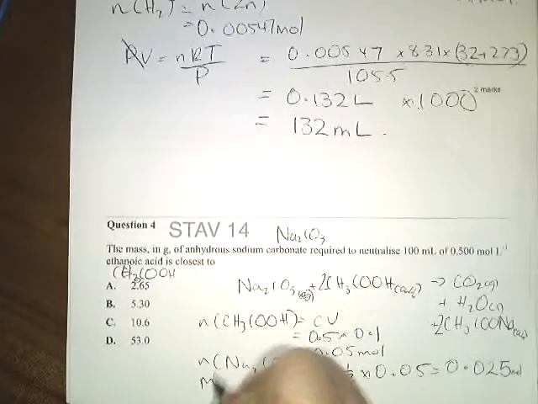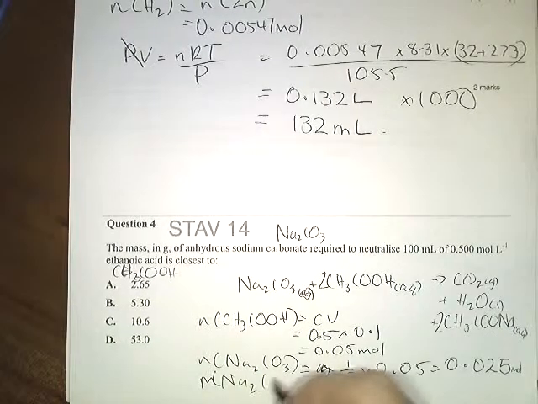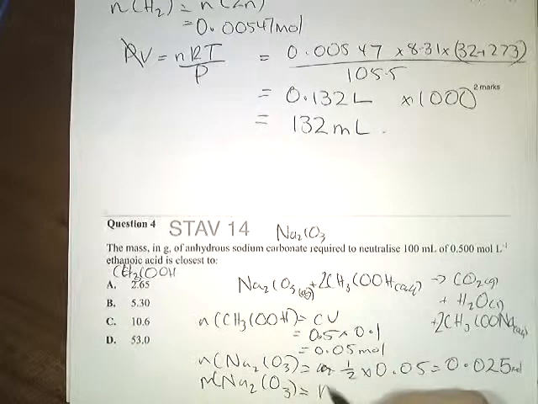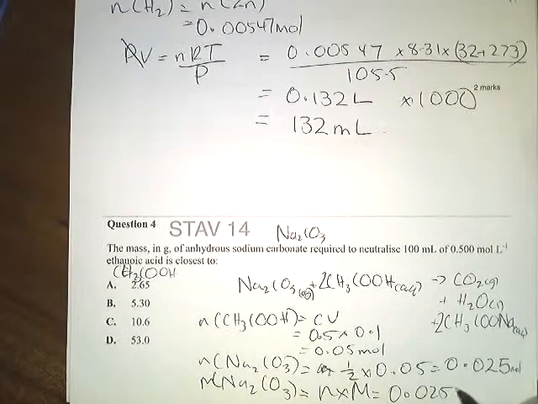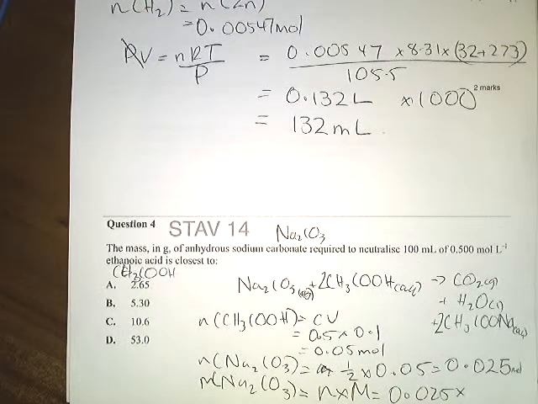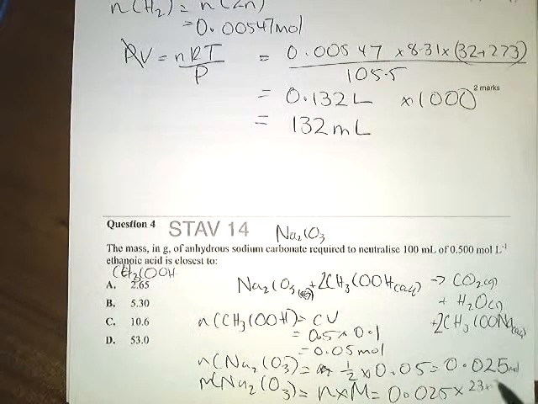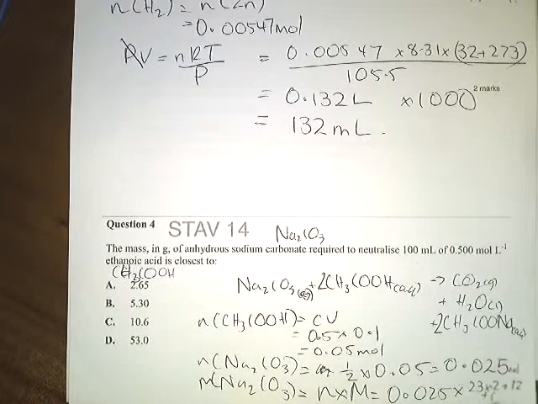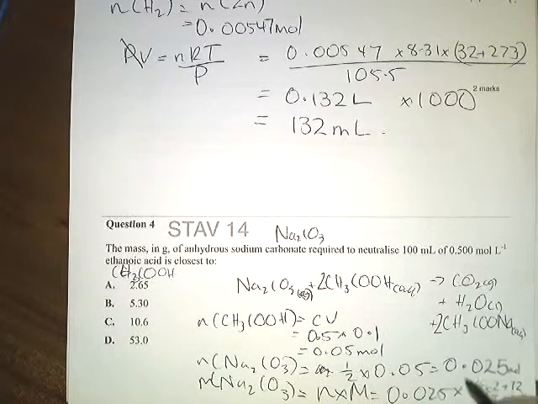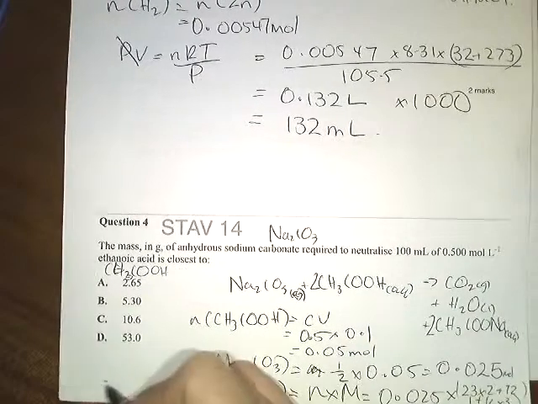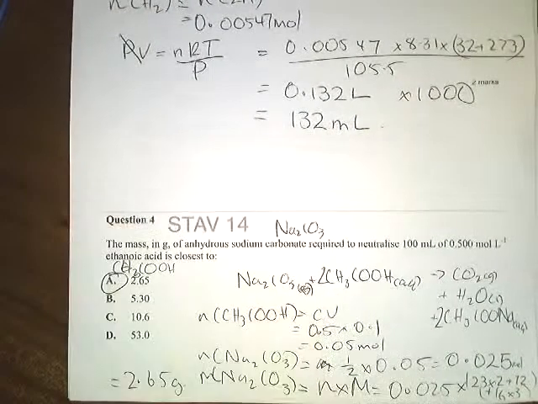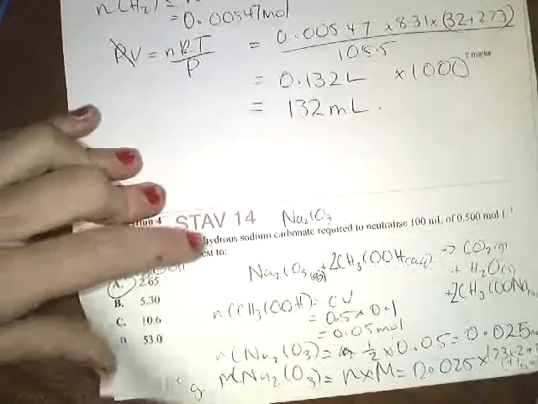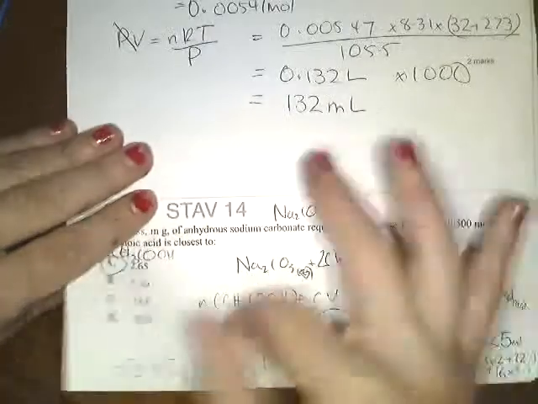The mass of sodium carbonate equals moles times molar mass. Plug all that into your calculator and you should get 2.65 grams, which is A. Now I can assure you that with the other answers, if you had a 1-to-1 mole ratio, you would have gotten it.